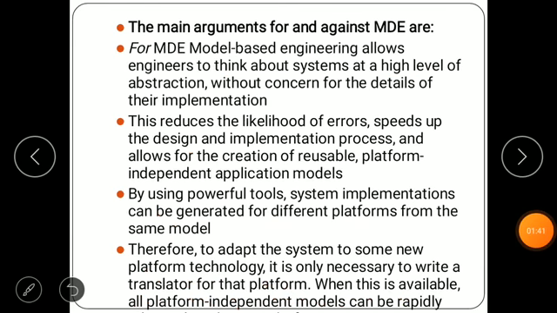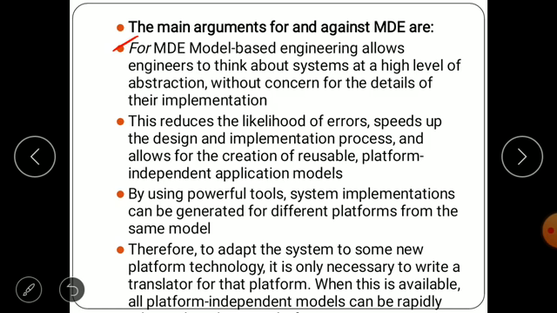Next, the main arguments for and against MDE. That means what is the benefit from MDE and what is against MDE, we are going to discuss here. First, we are going to discuss for MDE.